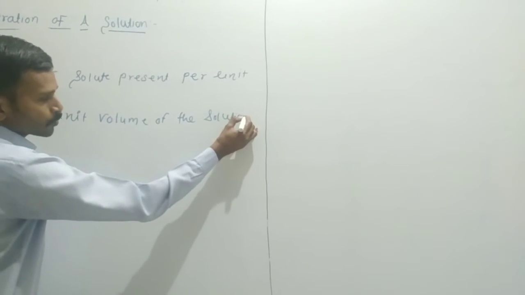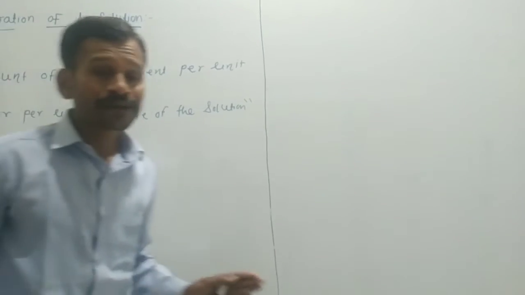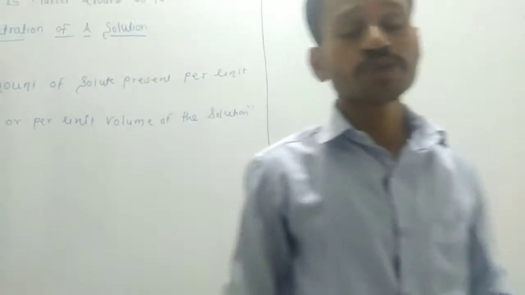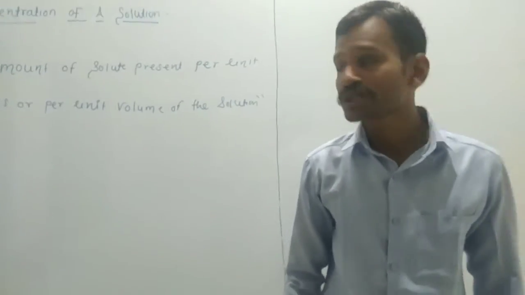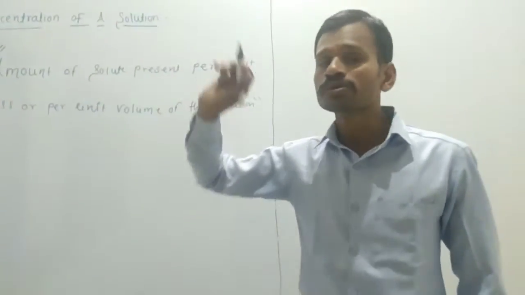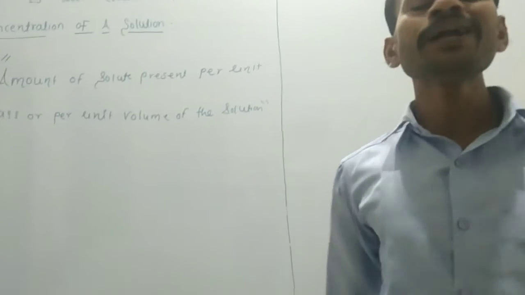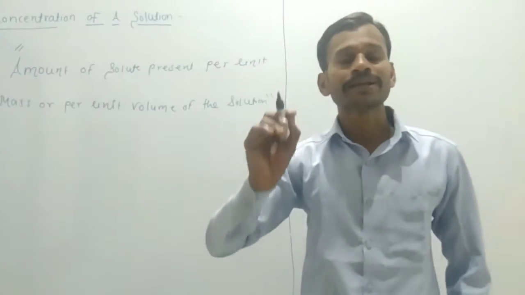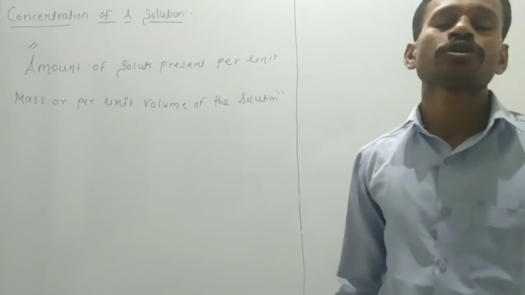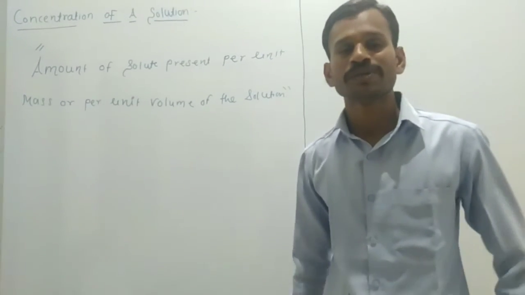How much amount of solute is present? When we have to find how much amount of solute is present in the solution, then we can use one simple term in chemistry, and the name of that term is the concentration of the solution. This should be simply used.